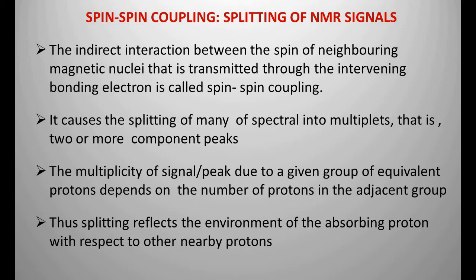The indirect interaction between the spins of neighboring magnetic nuclei that is transmitted through the intervening bonding electrons is called spin-spin coupling. Suppose we have two neighboring protons side by side, connected by an intervening electron cloud.